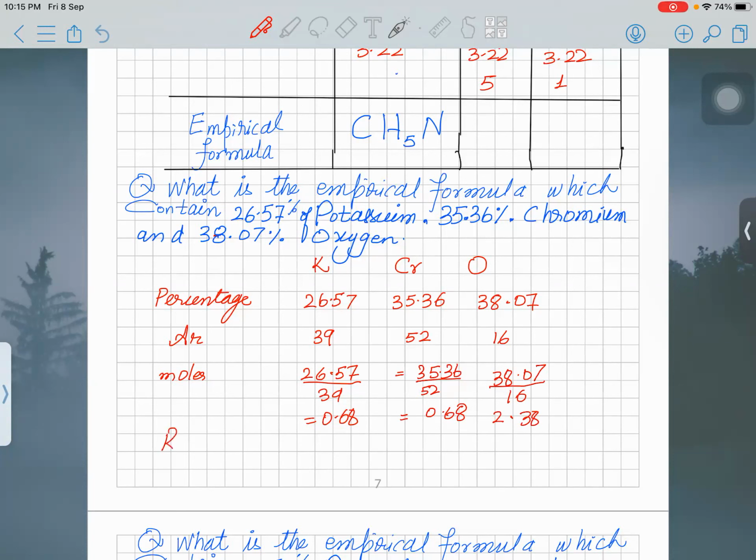Next is the ratio. 0.68 divided by 0.68, and 2.38 divided by 0.68.